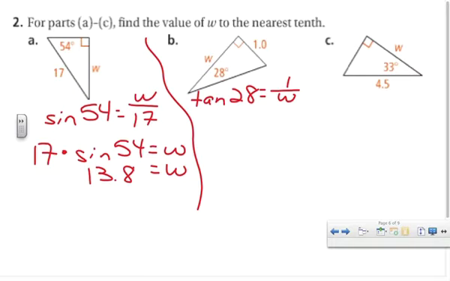Yes, because my variable is on the bottom, let's switch across the diagonal just to facilitate our calculation. Our new equation becomes W equals 1 divided by the tangent of 28, and now you know exactly what to do in your calculator to get that answer. And I have 1.9.